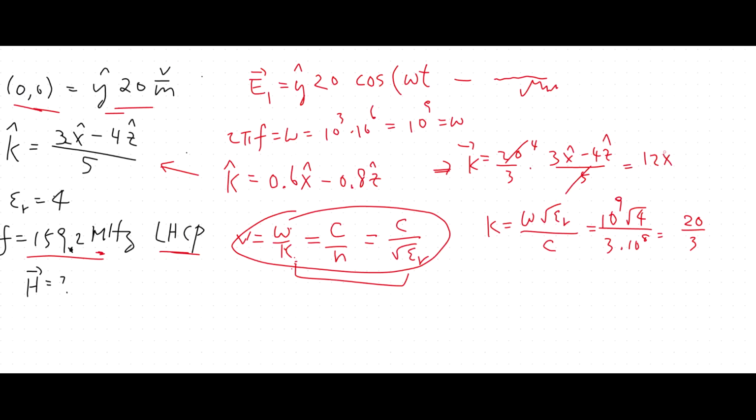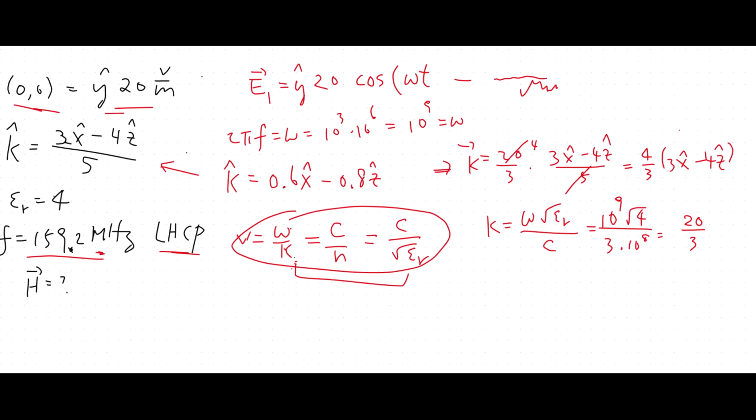I'll just write the 4 outside, I don't need to make it so complicated. It is equal to 4/3 times (3x hat minus 4z hat). Right? That's my k. All right, so now I know k.